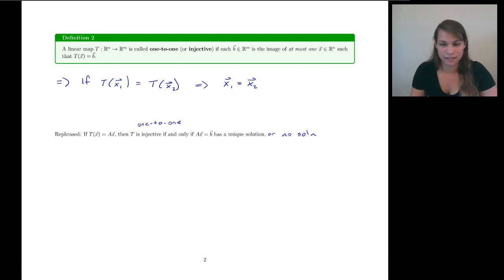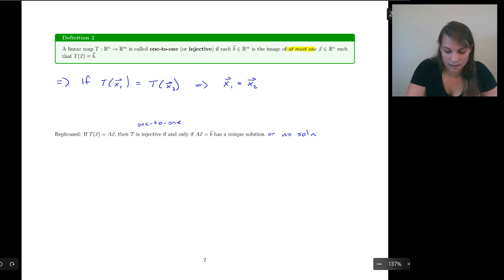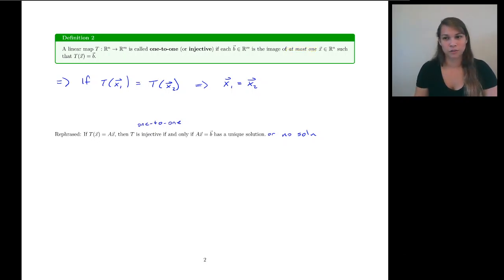I say that because it was a little bit confusing. Why is that? Because I said at most one x, and so no solution falls underneath the category of one or less.